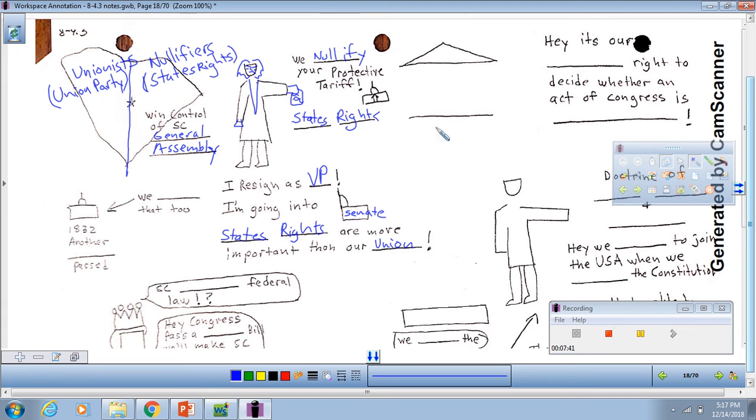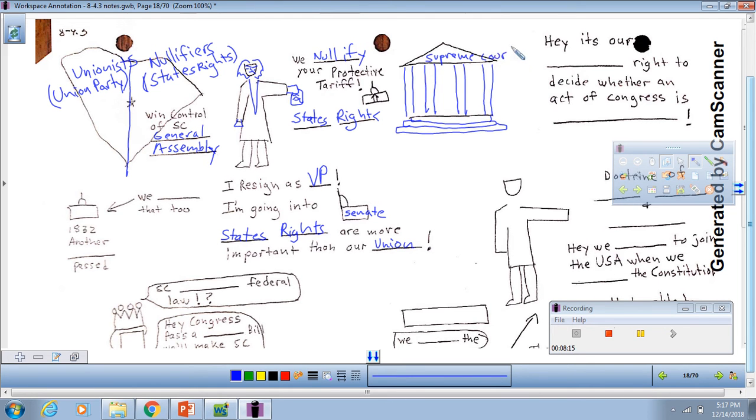Of course, there is a safeguard against laws that are unconstitutional, and that safeguard is through the judicial branch. However, the judicial branch did not have much power back then. And the judicial branch is headed up by the Supreme Court.